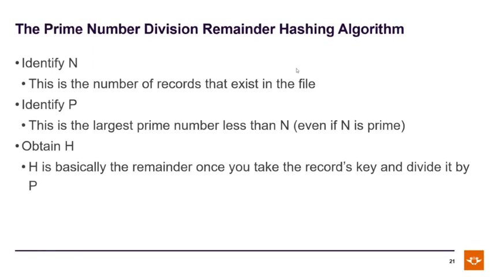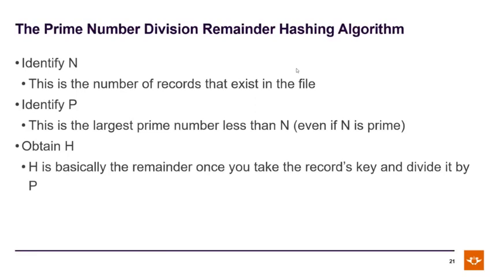H is basically the remainder once you take the record's key and divide it by P. Now, you can identify what you know of a prime number. I'm assuming you all still remember the rules of a prime number. Why are we dividing by a prime number? What's one of the conditions of a prime number?